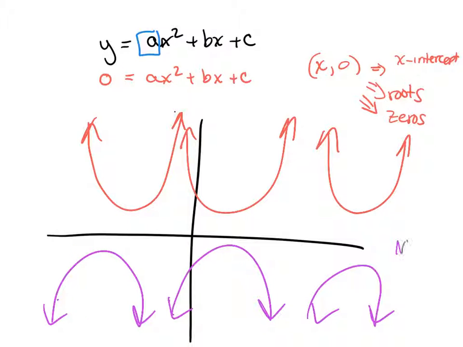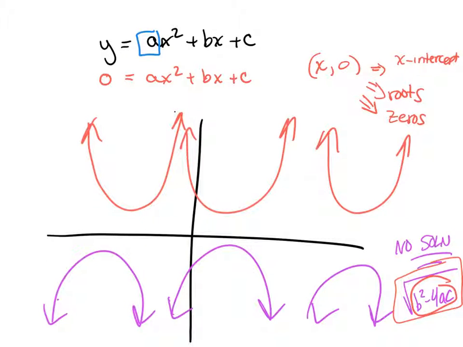This means that there's no solution. That means you can't find the value of x where y is equal to 0. This is where the discriminant, which is the b squared minus 4ac part of the quadratic formula, must have been negative on the inside.